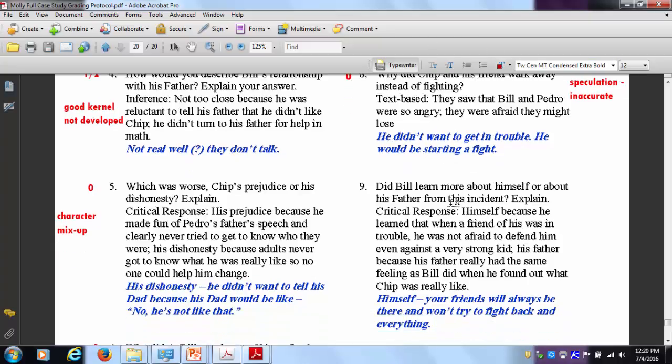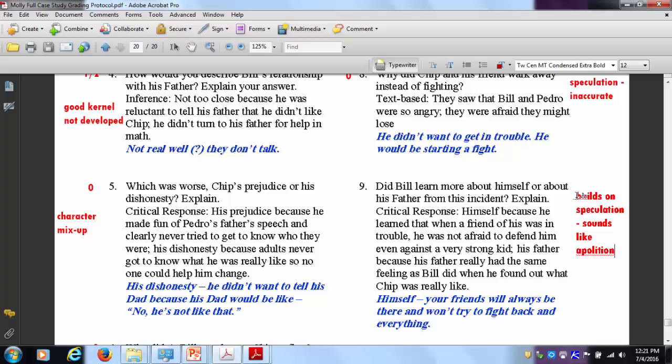Taking us to 9. Did Bill learn more about himself or his father? Here he says he learned about himself. But notice, Molly is building on her own speculation. So she builds on speculation and then almost sounds like a politician. How we used to talk about, your friends will always be there, won't try to fight back.